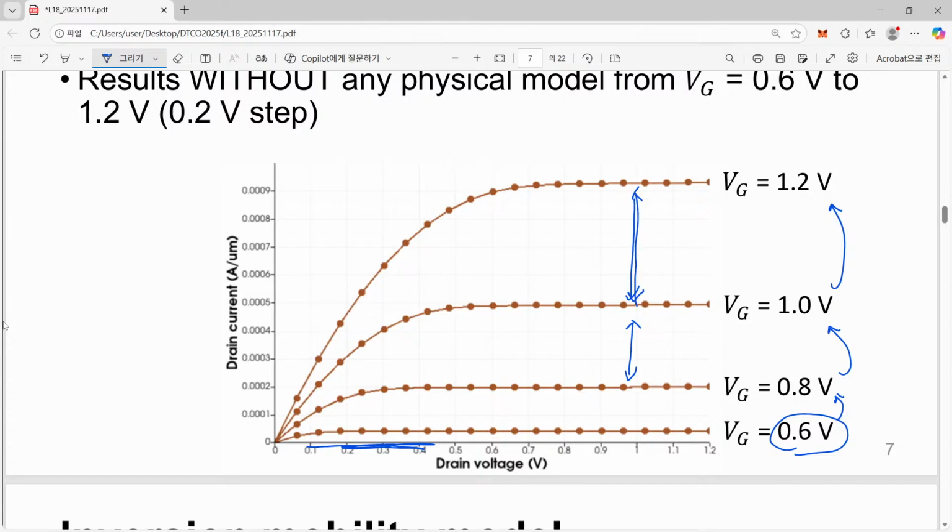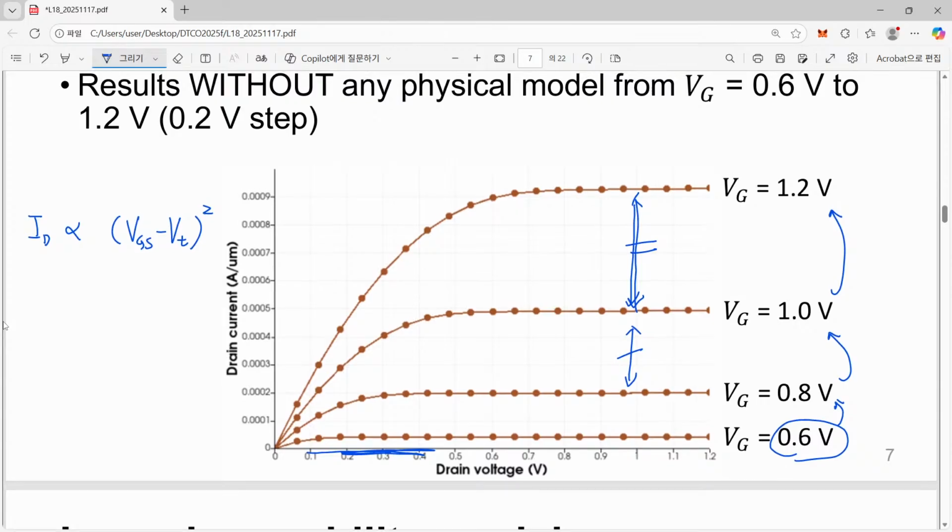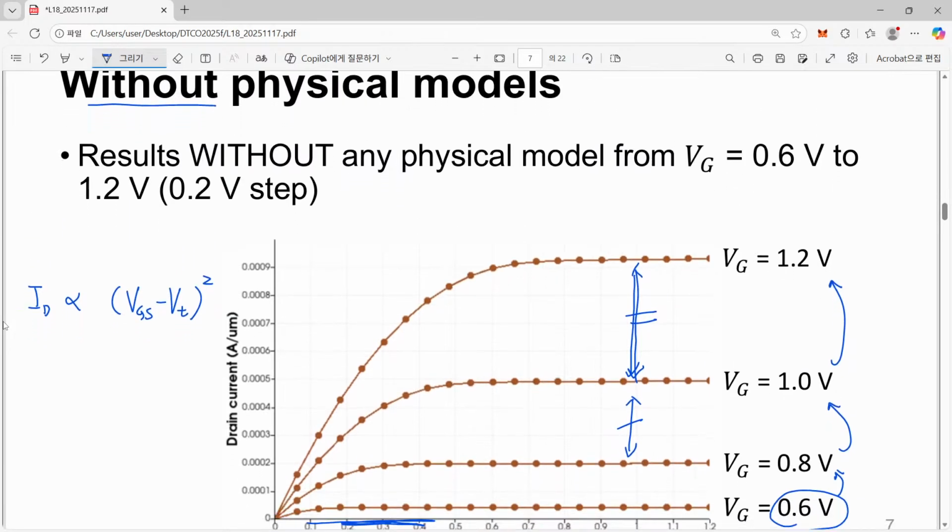It means that the saturation current follows the parabolic rule of our long channel description. So maybe you can remember that saturation current follows the square of the gate overdrive voltage. That's the reason why we have this kind of unequal difference. But this is only obtained when we have this long channel behavior.